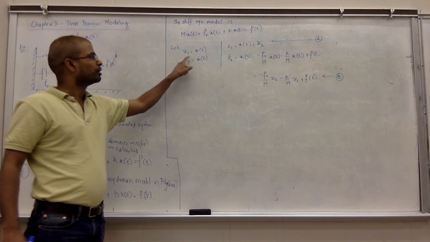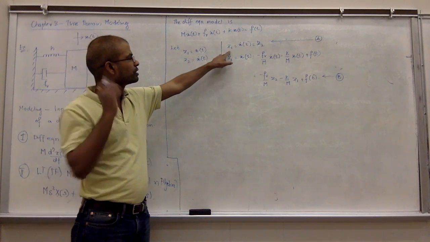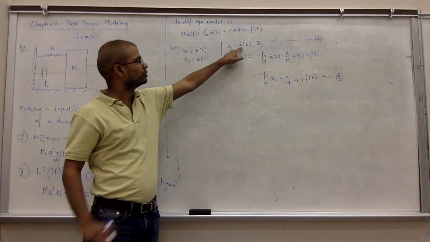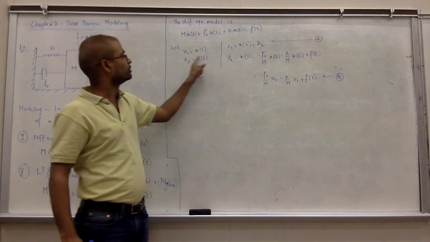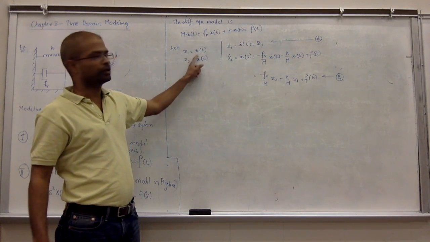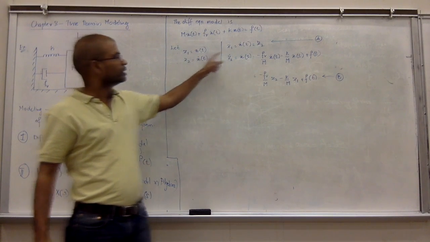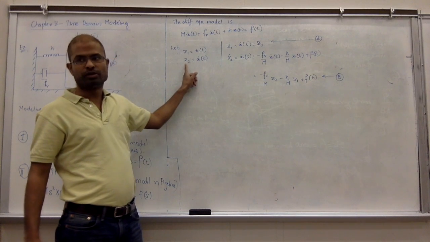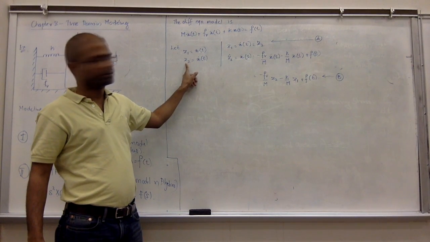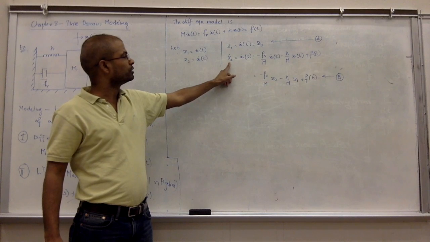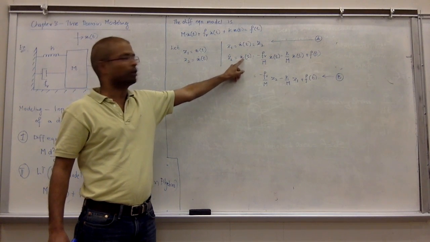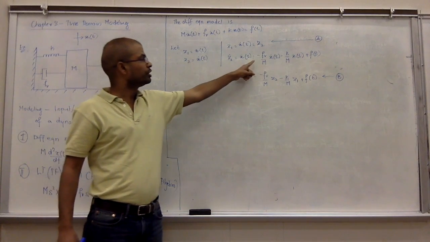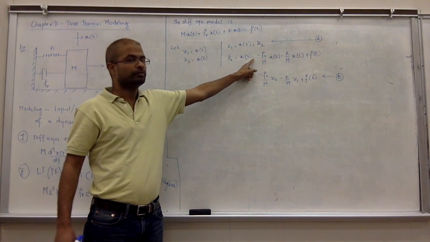Then Z1 dot is equal to x dot of t, just taking the derivative on either side, and that is equal to Z2. Then Z2 dot is equal to x double dot.